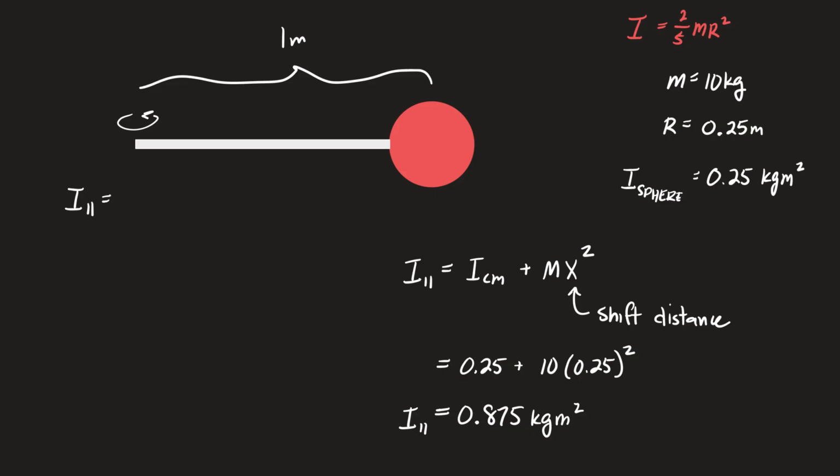Now, before you actually get me a number, I want you to look at something, please. The sphere is 2/5 mr squared. But we are shifting it by a distance of 1 squared. Right? We're shifting it 1 meter.